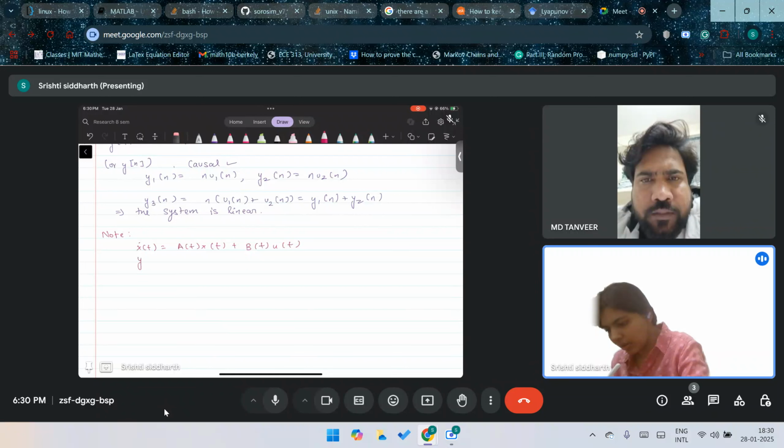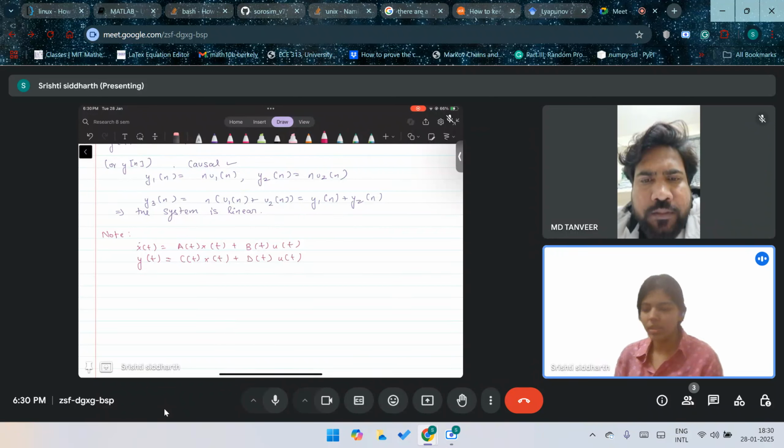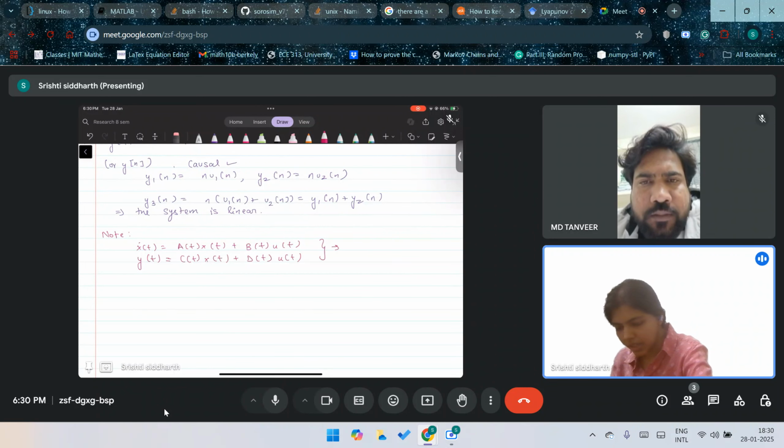And then we also have an output equation which can also be time dependent. So this is the most general case that we are going to deal with.